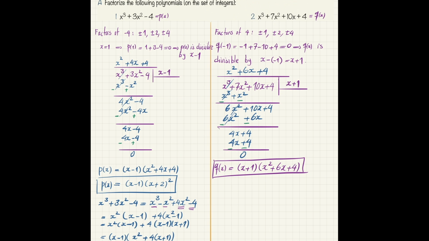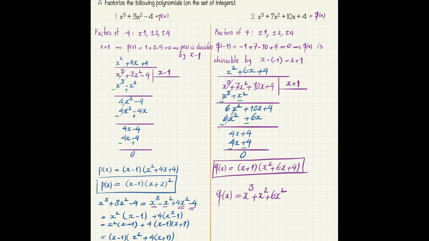Okay, so let me write it down. So if you want to solve it using breaking the terms, then it becomes q(x). x cubed is just x cubed, and instead of 7x squared, I put x squared plus 6x squared. How did I realize that? By looking at this term and this term.